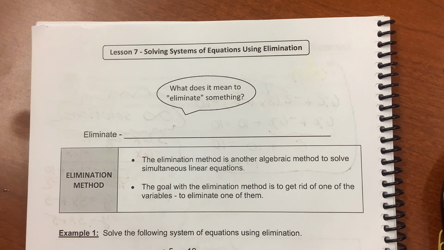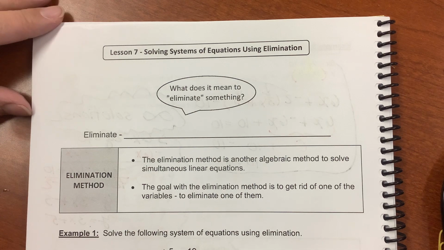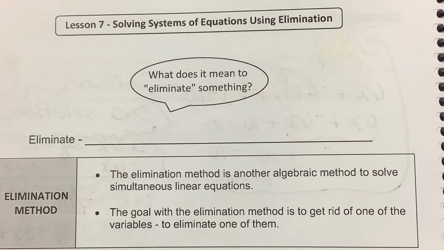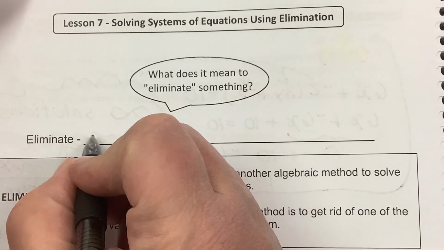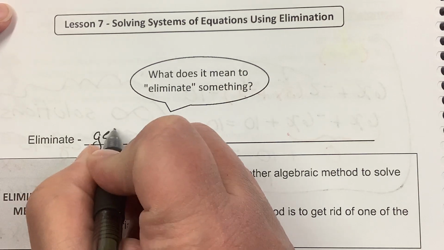So what does elimination mean? Could mean a lot of things. It depends. Elimination, to me, personally, means to get rid of something. If I'm going to eliminate something, I'm just going to get rid of it.